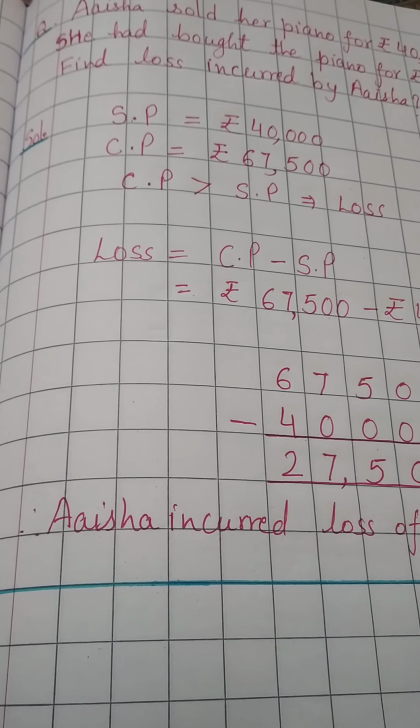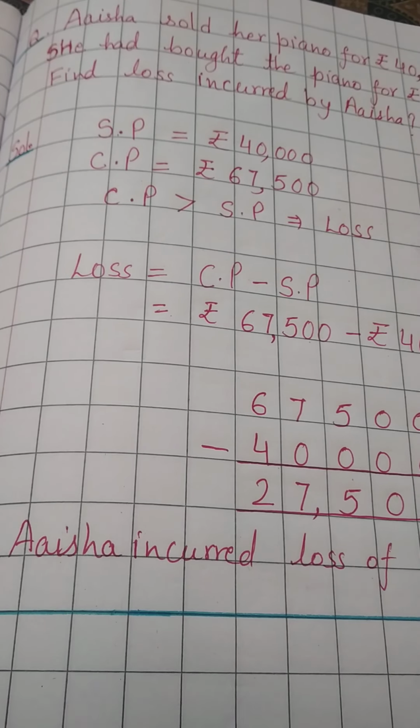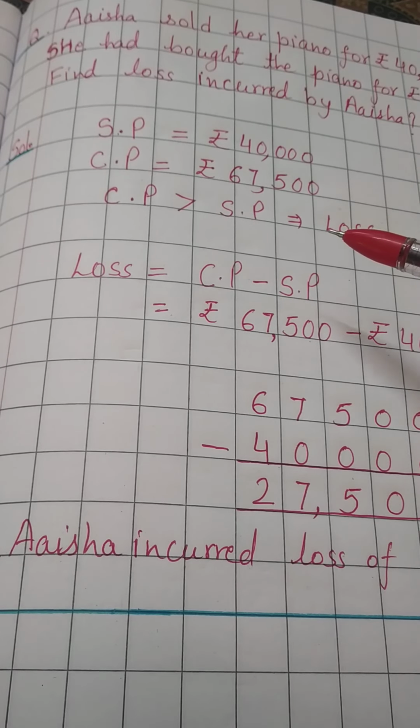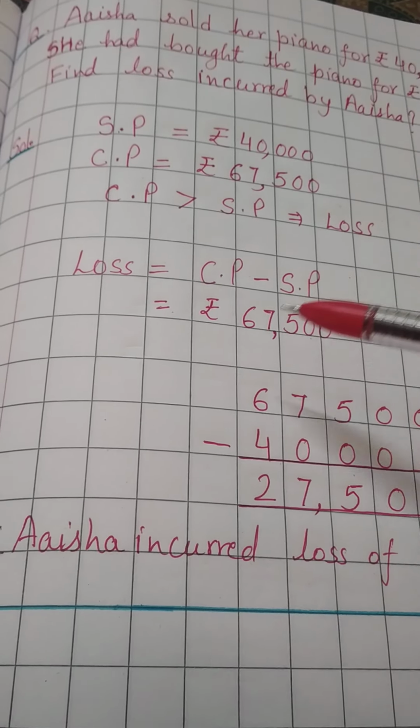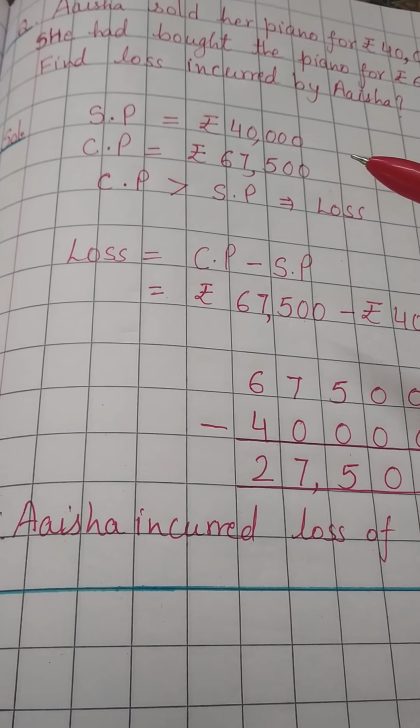So you will find the loss. First you will write selling price 40,000, or you can write a statement also because it is a word problem. You can follow your school pattern, and cost price is 67,500. You have to find the loss incurred by Aisha.